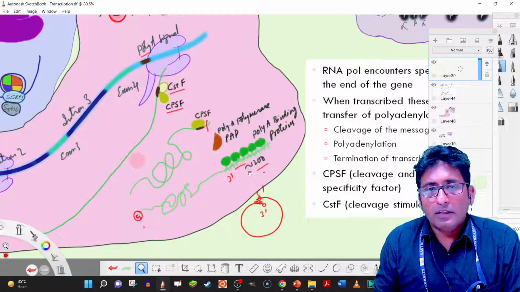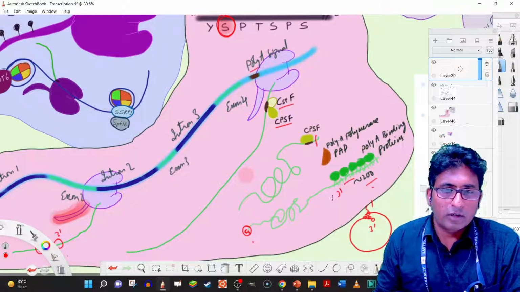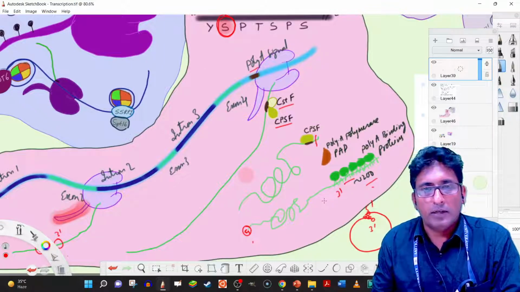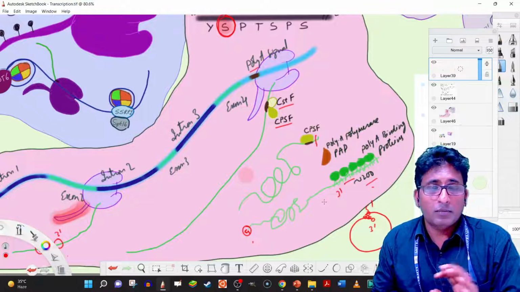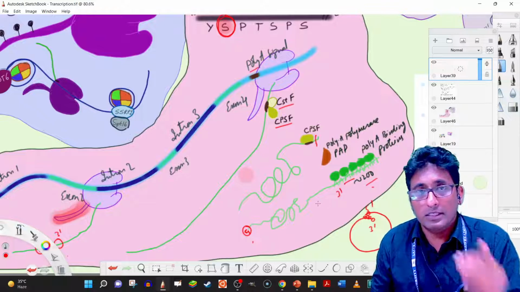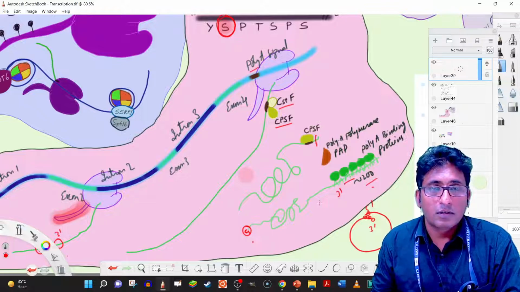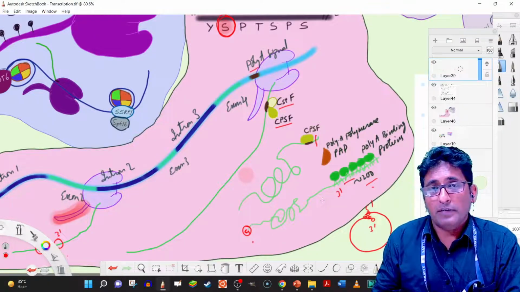So let's quickly review the differences between prokaryotic mRNA and eukaryotic mRNA. The majority of the post-transcriptional modifications are in eukaryotic mRNA: the G cap, the poly A tail, and the splicing of the exons. We should not say splicing of introns.